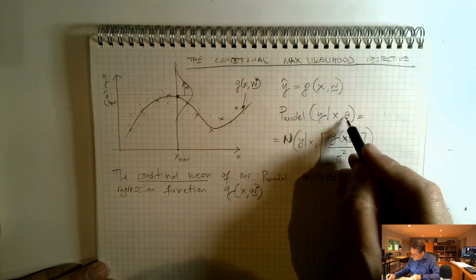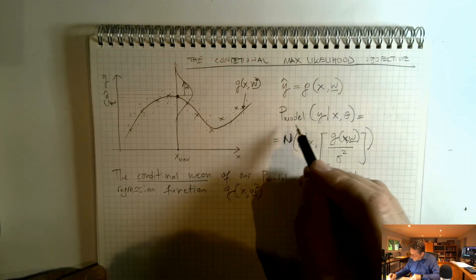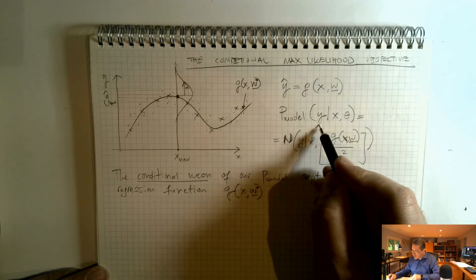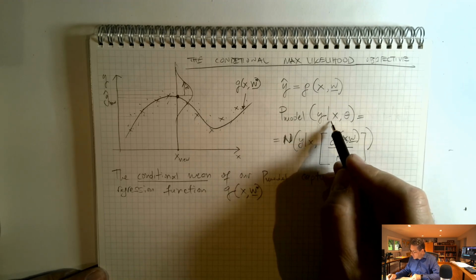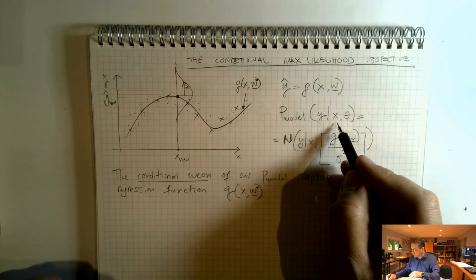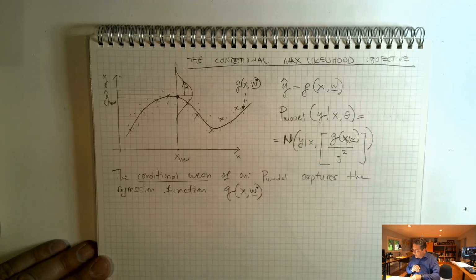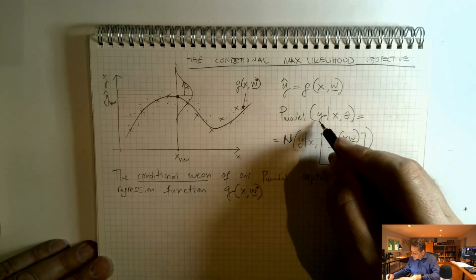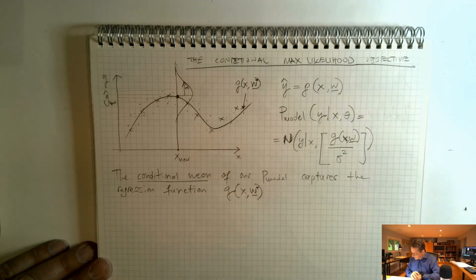So the parameters theta of the P model capture the only uncertain thing over here in any conditional probability distribution, which is the y. Because everything after the given symbol is given, therefore it's not random. So theta captures the mean and the variance of this Gaussian model for my labels.